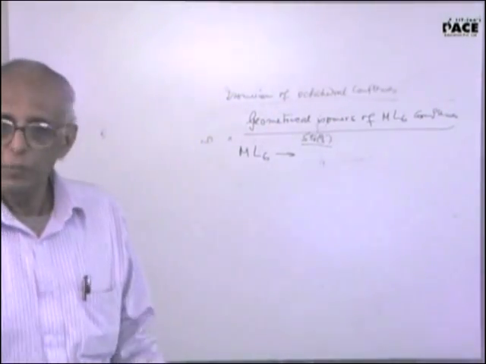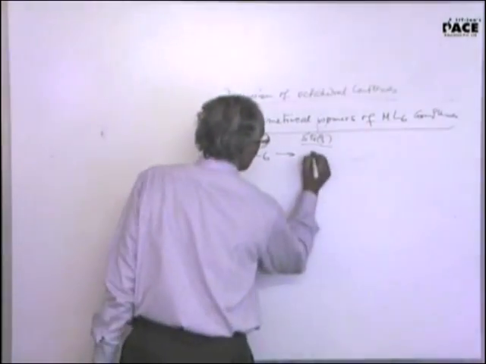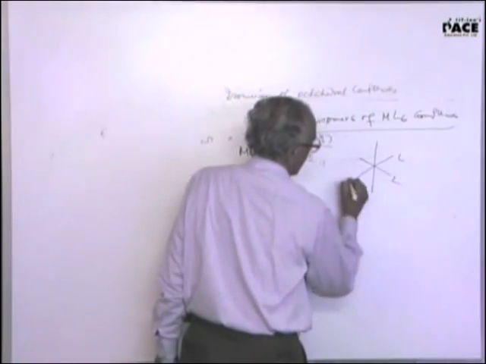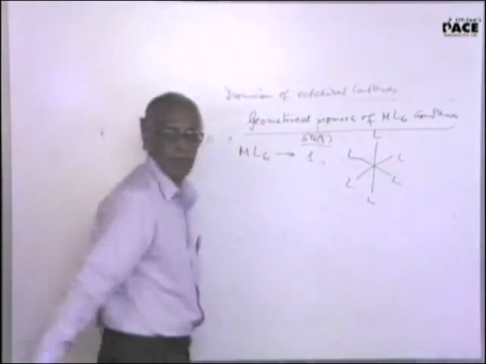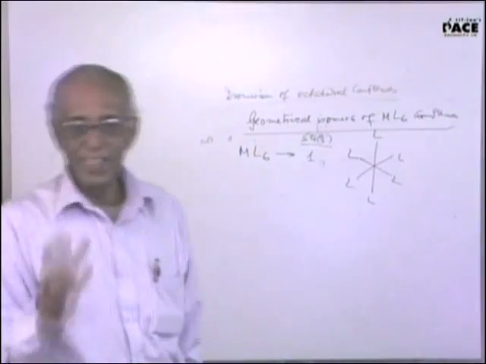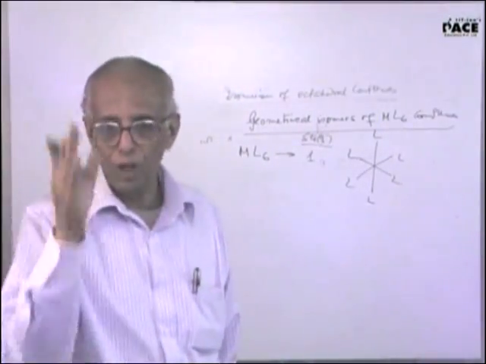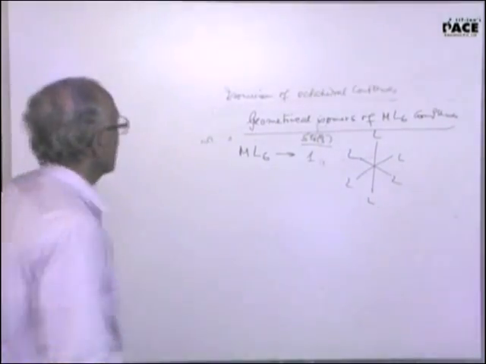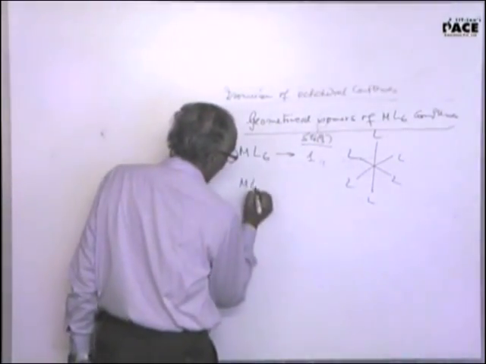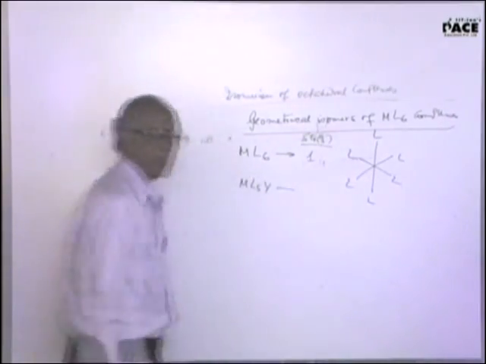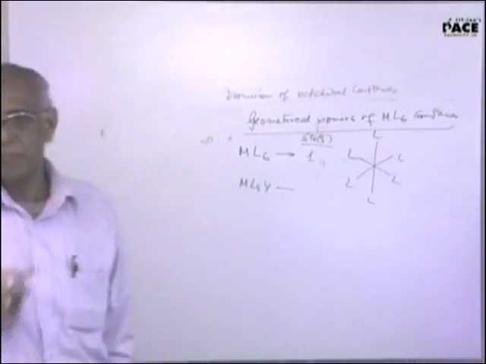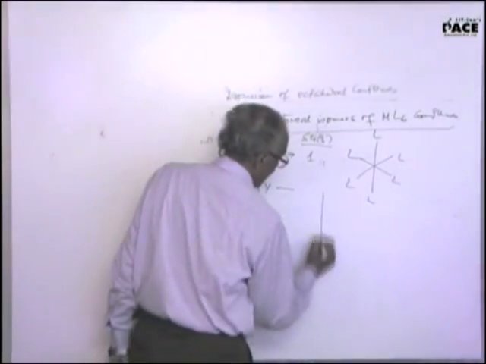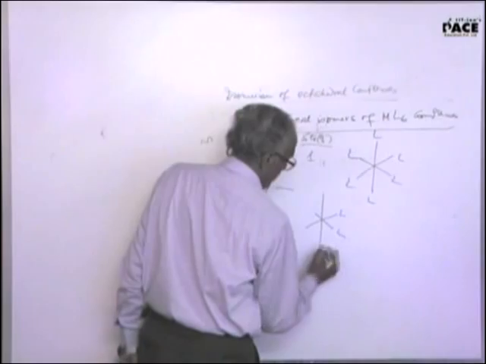Only one. The easiest way of drawing an octahedral is to draw 3 lines cutting at a point. Now ML5Y. How many structures will be possible? Only one.